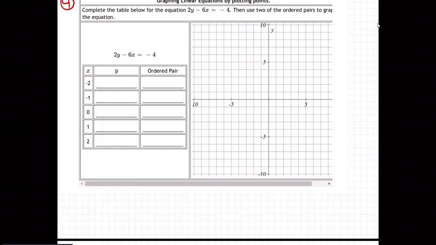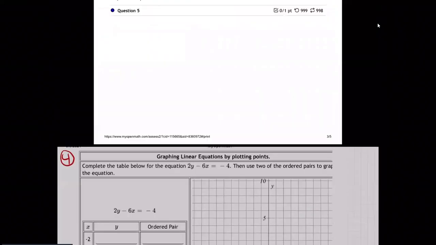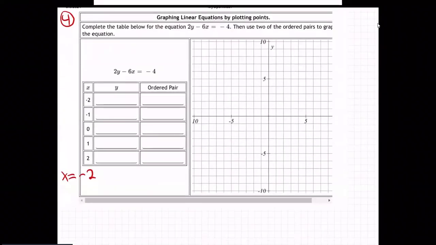Okay, so I'm going to start with the first one, X equals -2. Then I'm going to take the equation right here: 2y minus 6x is -4.